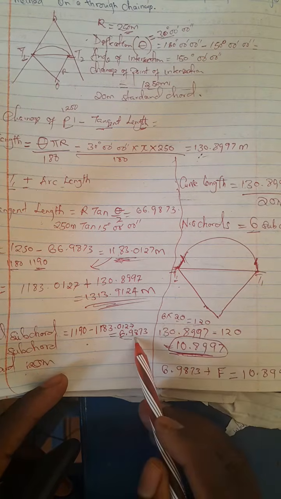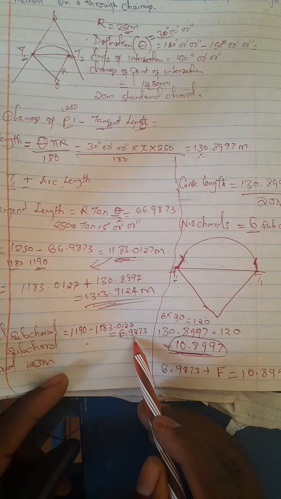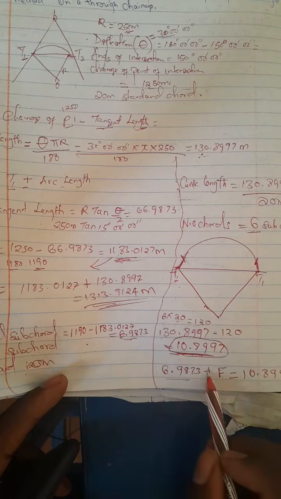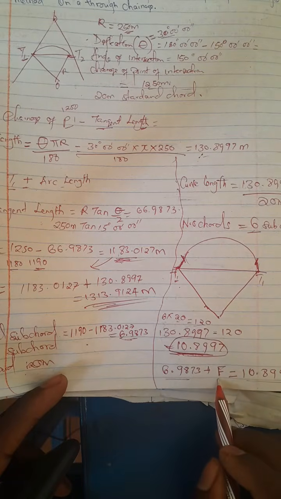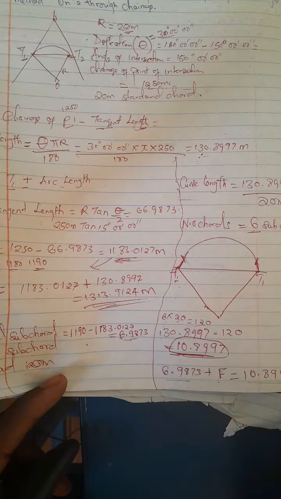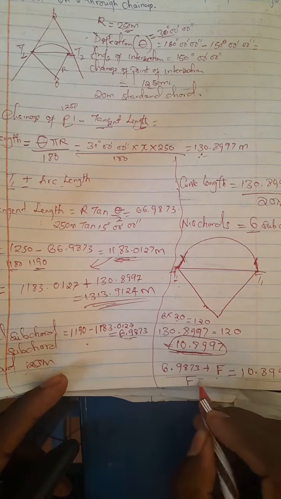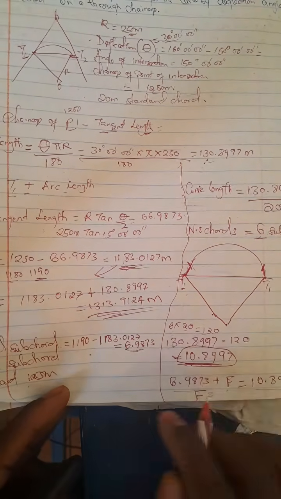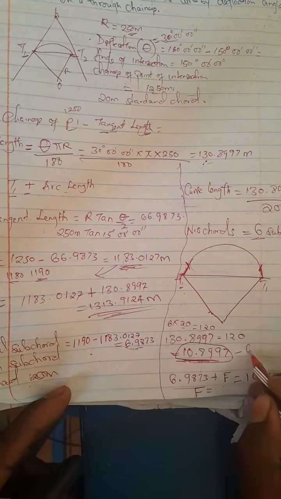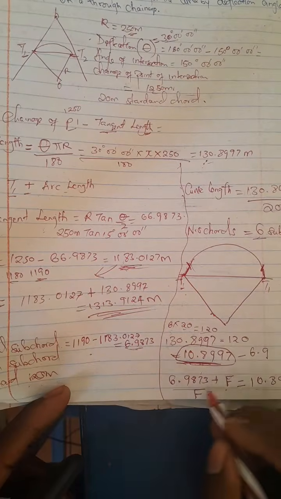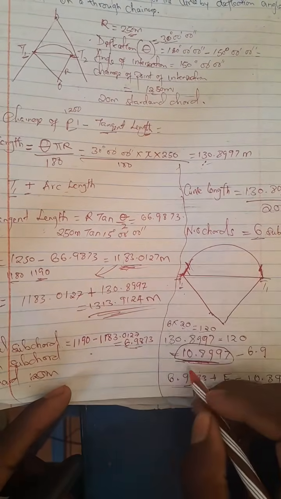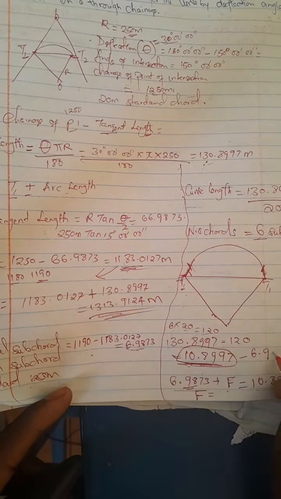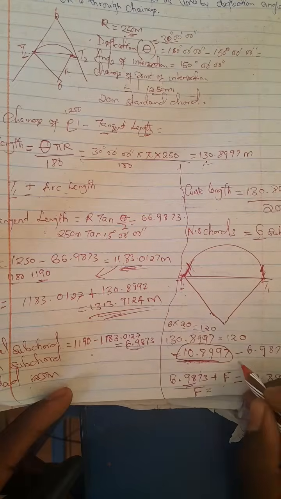But now we have gotten the initial subchord to be this one. So let's get the final. Take this one plus this one, add the unknown. We move this one to this side, it will be minus. So take 10.8997 minus 6.9873.